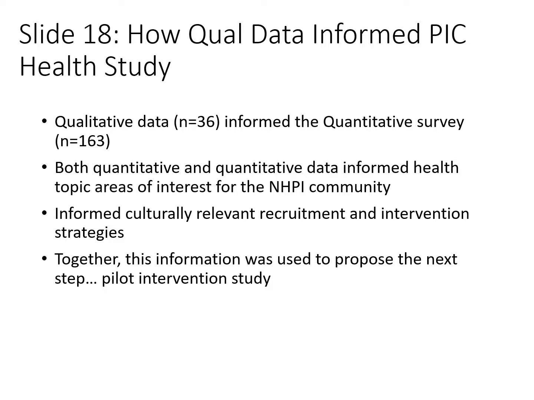So again, qualitative data led to a larger quantitative survey where instead of 36 people, because it's qualitative it's really hard to have a lot of people, with the quantitative we were able to have over 160 surveys filled out. But again, together that helped inform a pilot study.